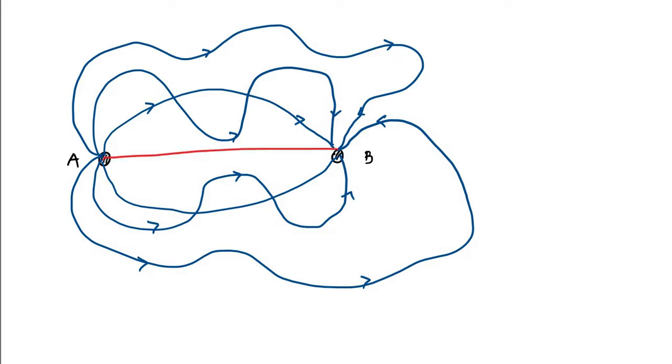My drawing skills are not that great, but this straight line path in red.